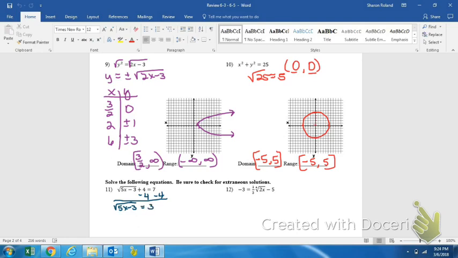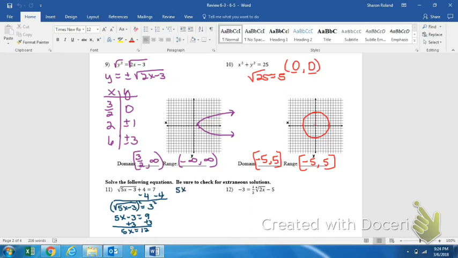The square root is by itself, so we're going to square both sides to get rid of the radical. And so you have 5x minus 3 equals 9. You're going to add 3 to both sides. 5x equals 12.